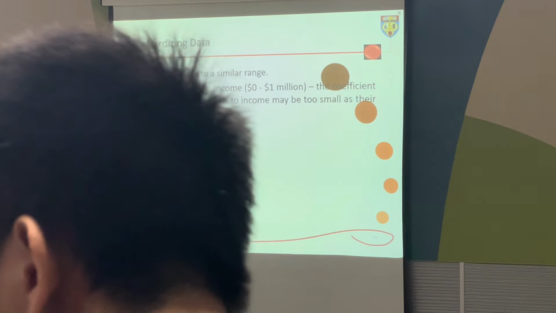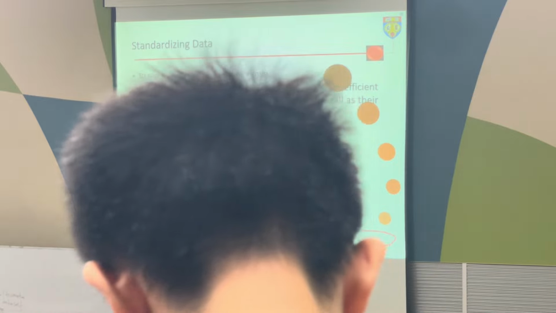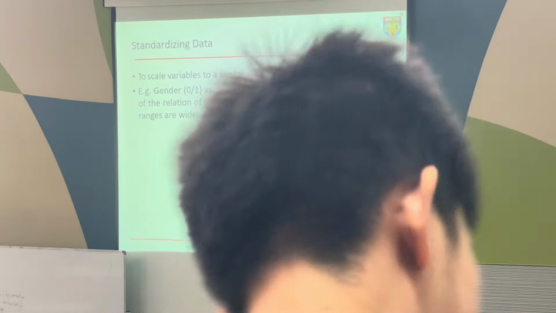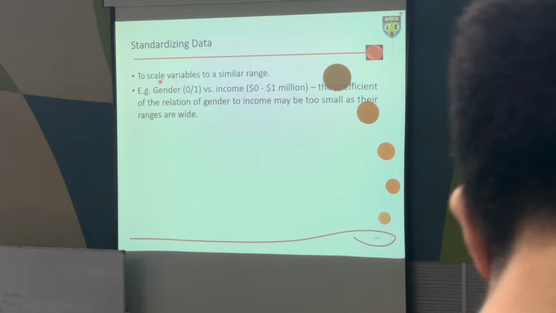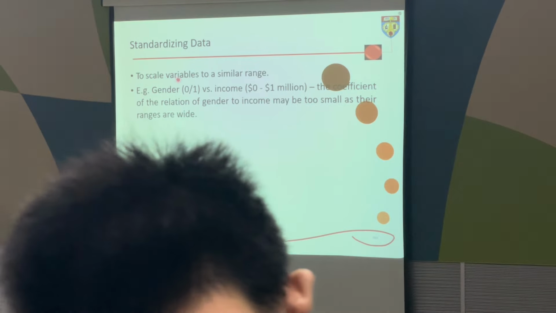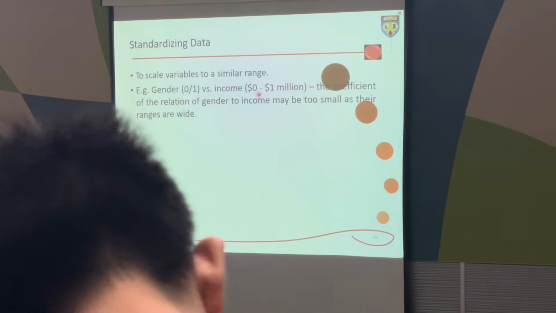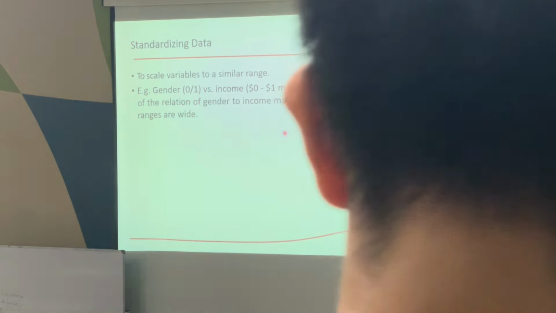Okay, and then next we have standardizing data. Standardizing data is where we want to rescale the data so that it will fall within a similar range. For example, let's say we have 2 variables here: the first one is gender, and the second one is income. Because this is considered a multivariate data set, at the end it will be difficult for us to process, and it also will take more training time.